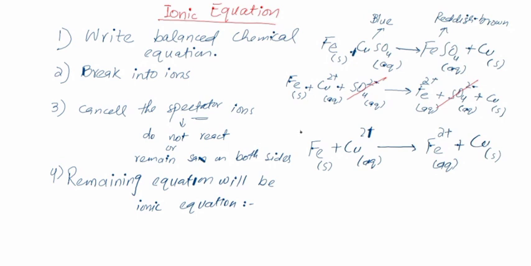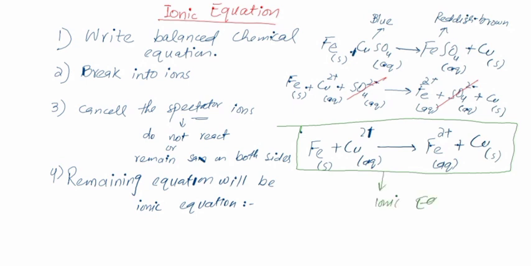So that's why iron is more reactive, which can displace copper, but copper cannot displace the iron. Okay, so this is the final equation which we have studied, that is the ionic equation. Remember that only aqueous, those which get dissolved in the water, are broken down.